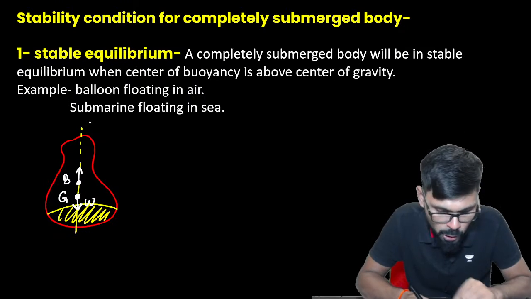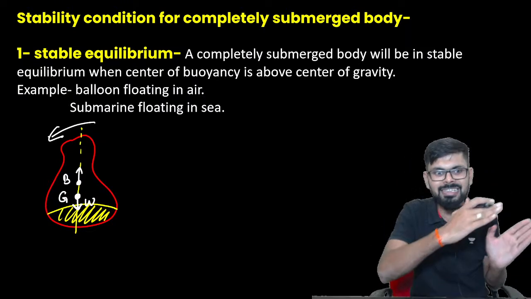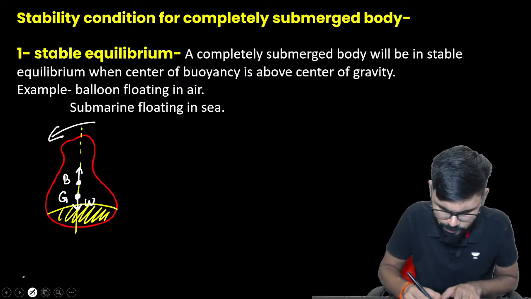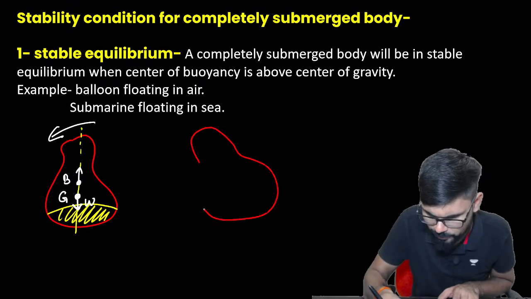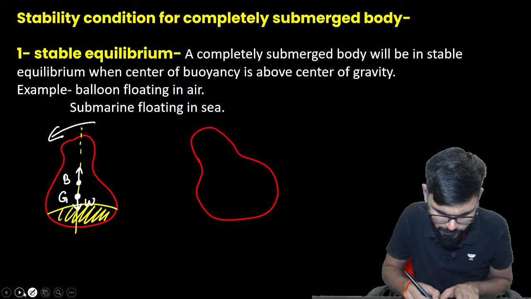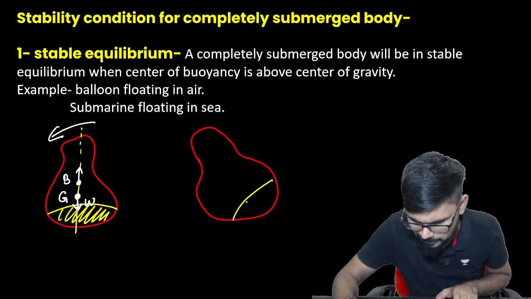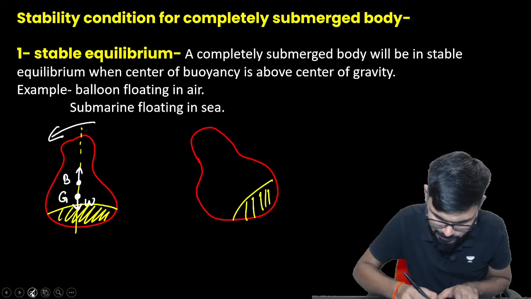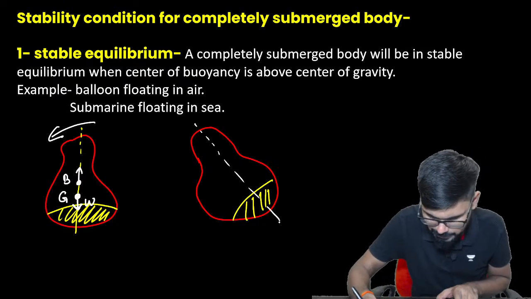How can you say that it's a stable condition? In any direction you can tilt it. If you tilt in this particular direction, what will happen? Please listen carefully.